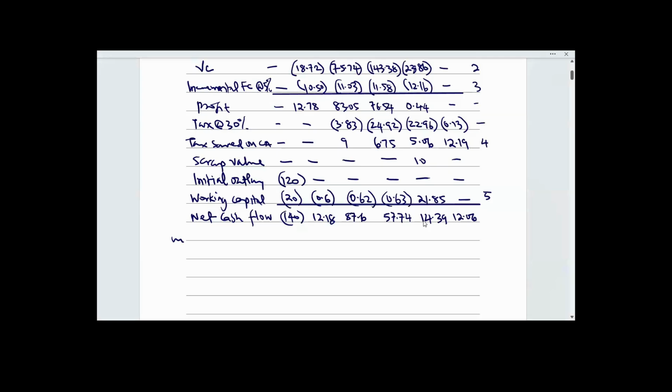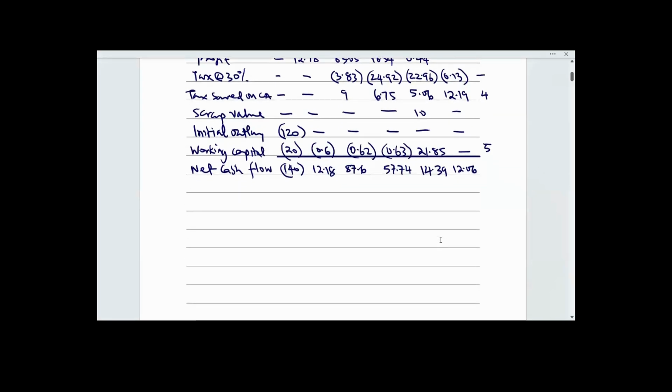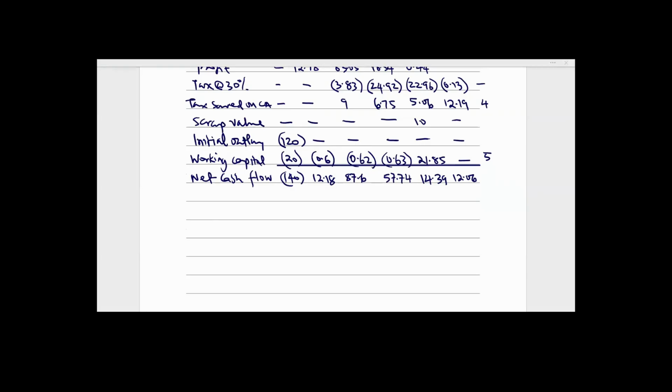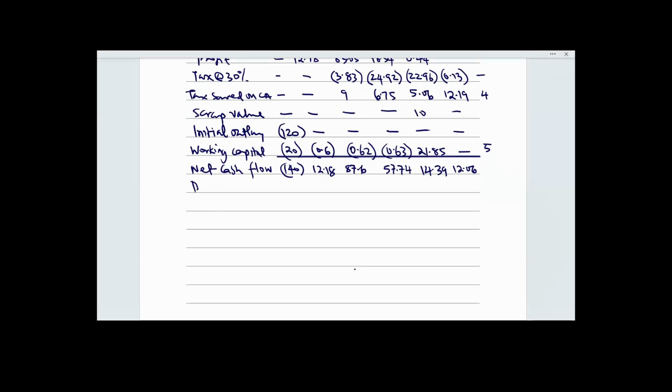So now we have calculated our net cash flow. We need to discount this cash flow with the appropriate cost of capital. So I will go to the question: what's the cost of capital given? According to the question, you are told that Washington PLC has a real cost of capital of 7.8%. Pay attention to this.